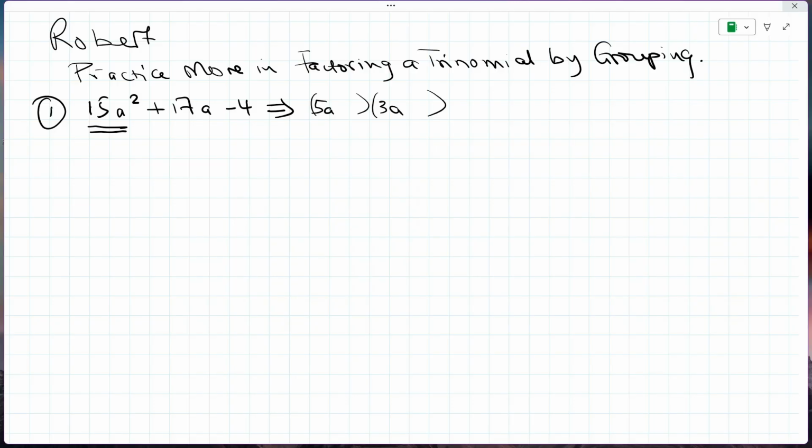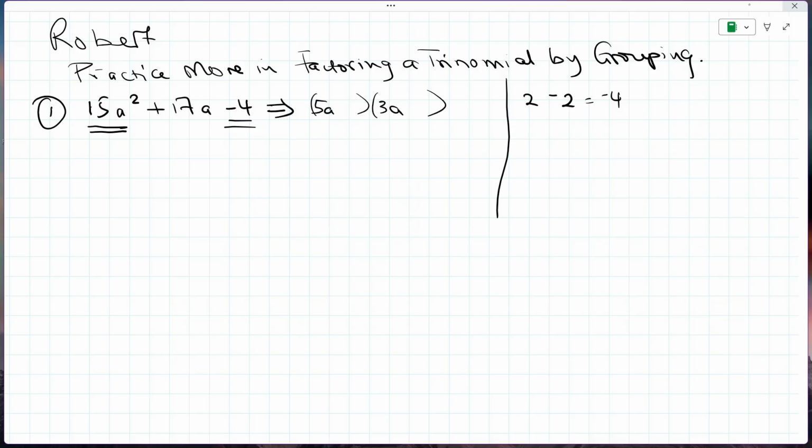Okay. And then we move on to look at our third term here. And we look for factors, which when multiplied together will give us minus 4. So those factors could be 2 times negative 2, which will give us negative 4.